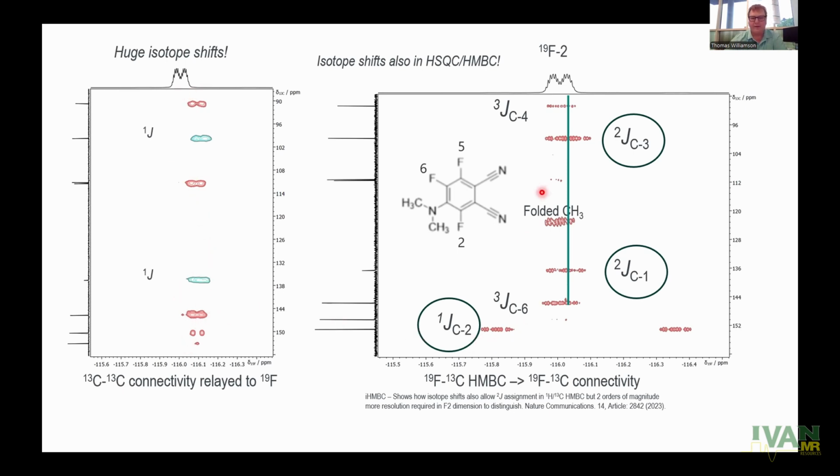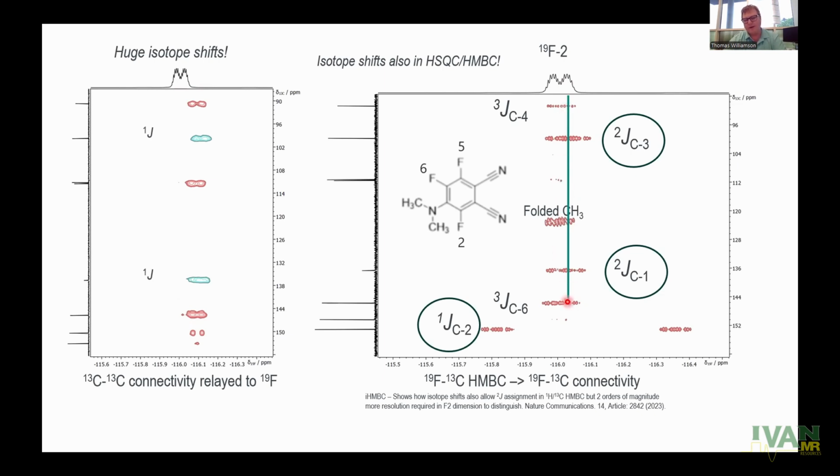And then as you can see in the HMBC data, it's even more apparent, where we could actually use these isotopic shifts to discriminate between the two bond, the one bond, and then of course the three bond or longer correlations. And so this was actually pretty exciting.